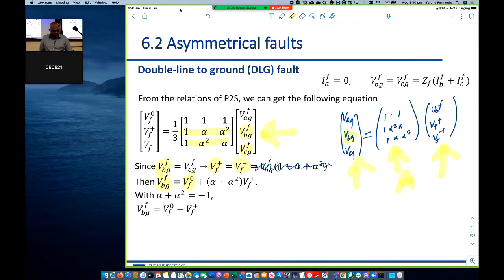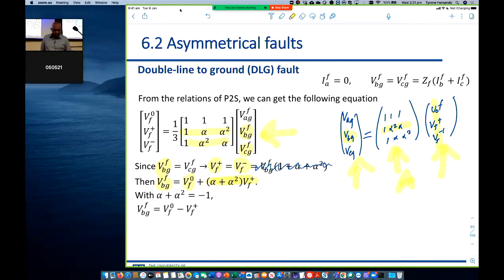Yeah? So where are we? VBGF, second row multiplied by that, because we know VF plus and VF minus are the same, we end up with this expression: 1 times VF0 plus alpha squared times VF plus alpha times VF minus, which is also VF plus.